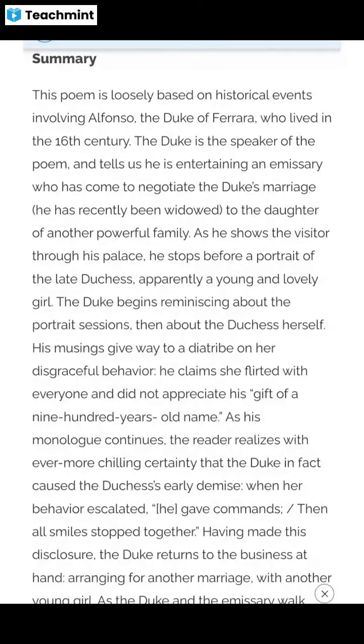This poem is loosely based on historical events. सबसे पहला तो यह पोयम जो है किस पर आधारित है? हिस्टोरिकल इवेंट्स पर आधारित है। Means this event you find in the pages of the history. So this poem is loosely based on historical events.